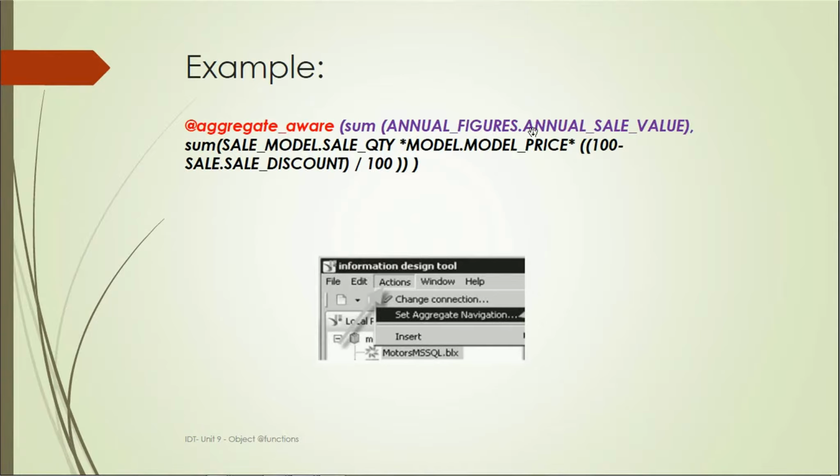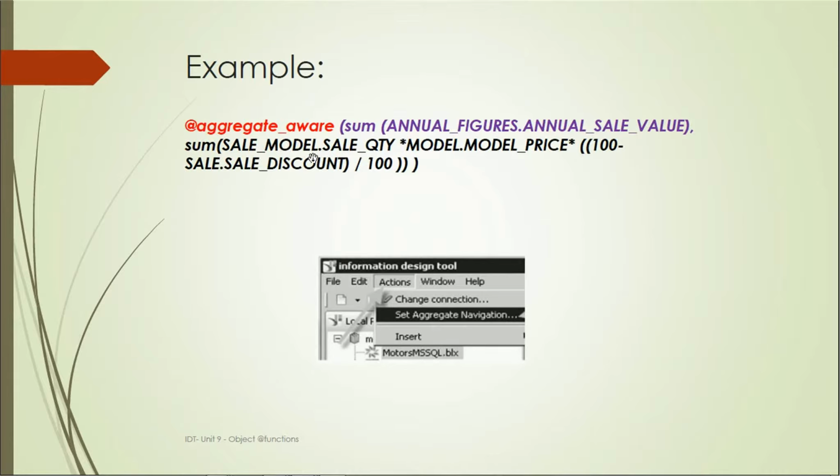Annual figures is one level, and then the second level is the formula which we are using, and so on. This will make sure that it gets the annual sales value as well as the other values which are calculated there.